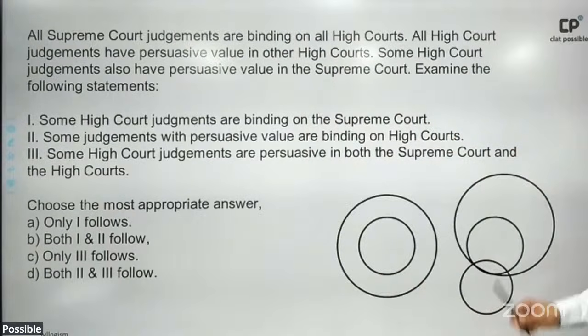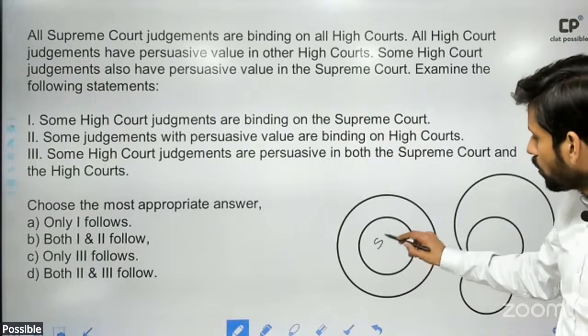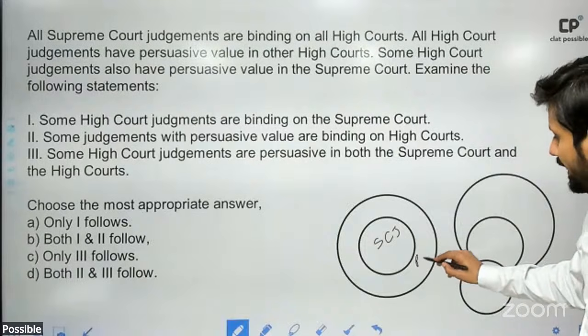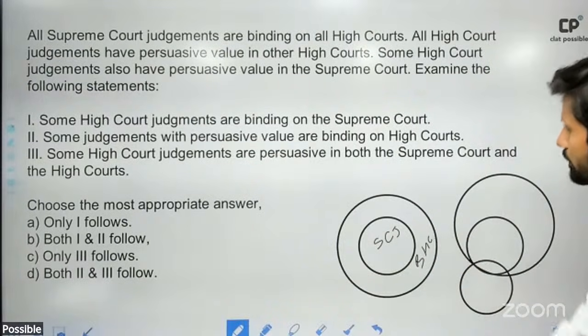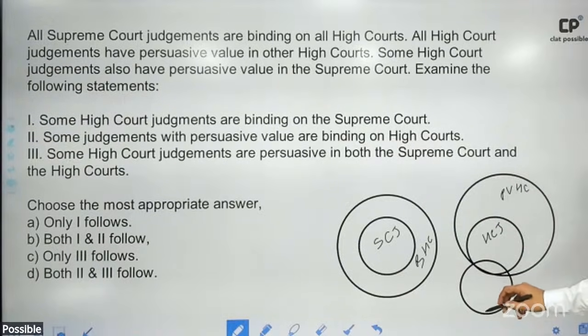Let me mark here: all Supreme Court judgments binding on High Court. All High Court judgments have persuasive value in other High Courts. Some High Court judgments also have persuasive value in the Supreme Court.